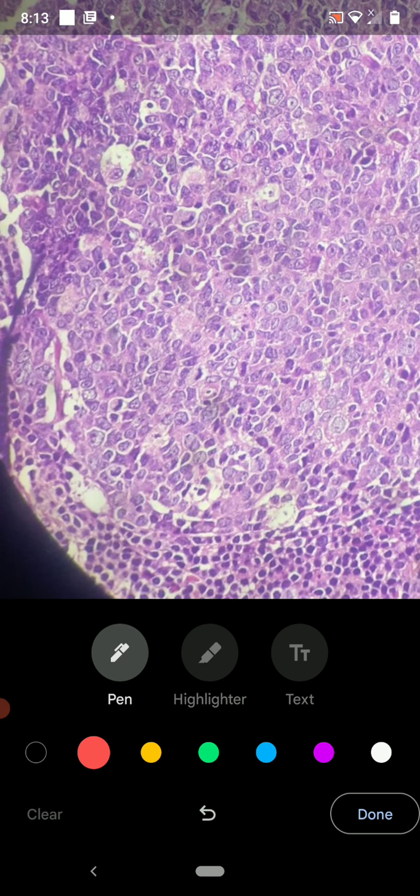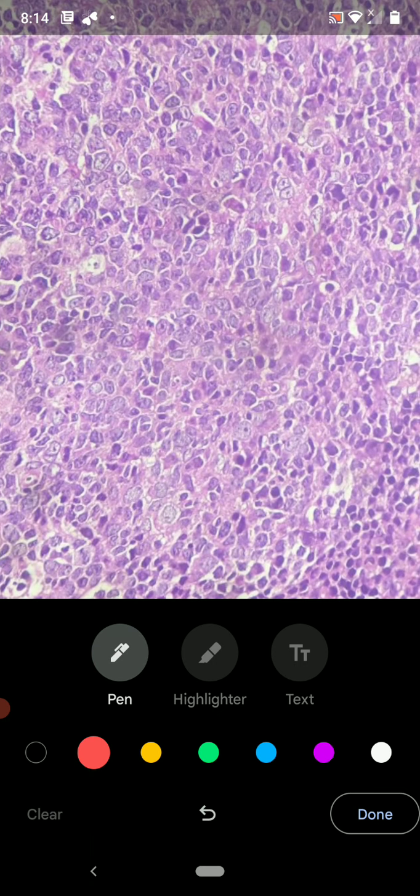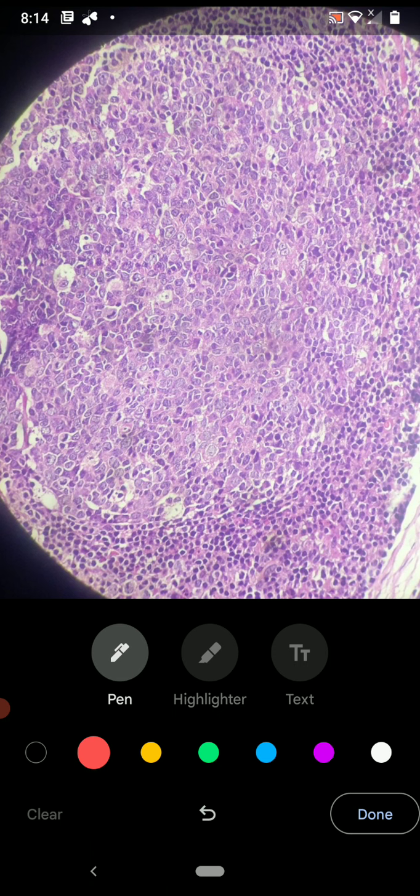And another point is the centrocytes with unfavorable mutation die, so their debris are taken by these macrophages with abundant cytoplasm, and these cells with abundant cytoplasm, debris of the dead cells, are known as tingible body macrophages, and we can see more of them. So these centroblasts, centrocytes and tingible body macrophages constitute the reactive follicles.